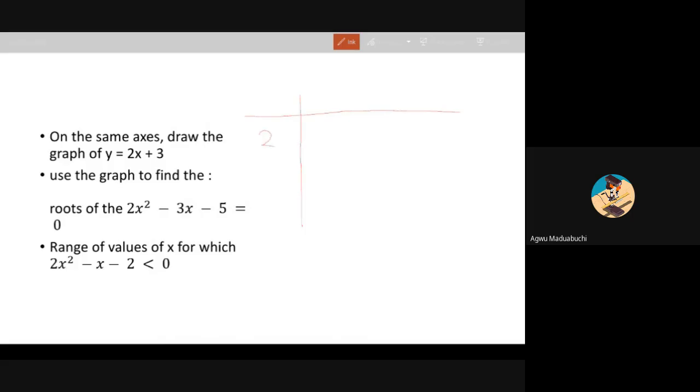So we have 2x, we have 3, and then we get the y value. The x value, we could start with -4, -3 like that. I could use 1, 0, since it's going to be a straight line, no problem. 0, 2, and maybe 3.